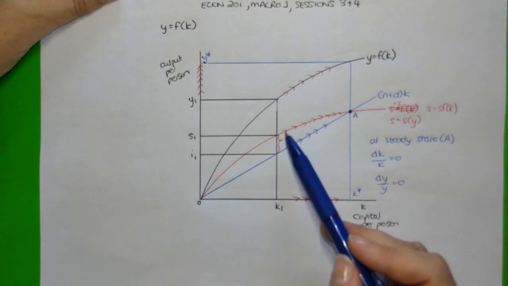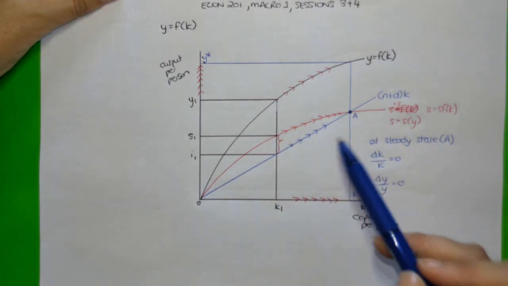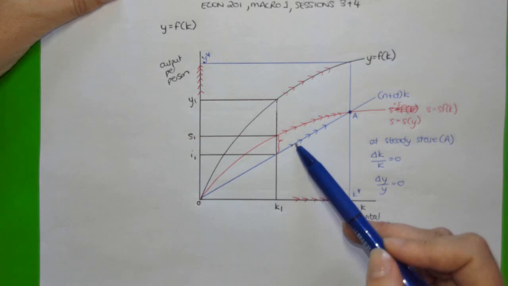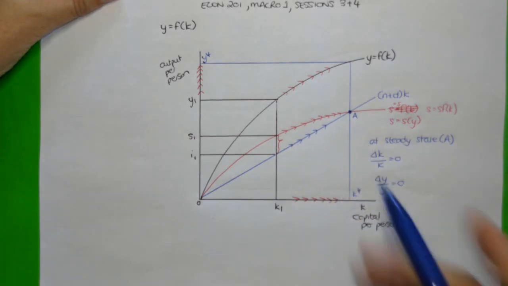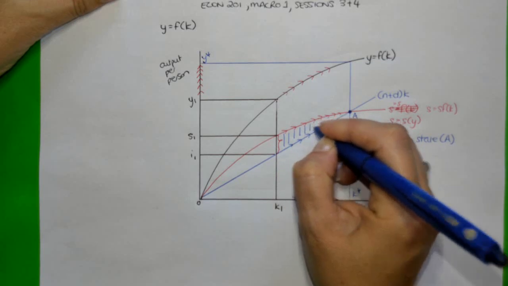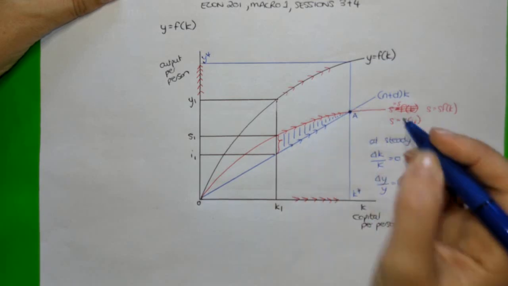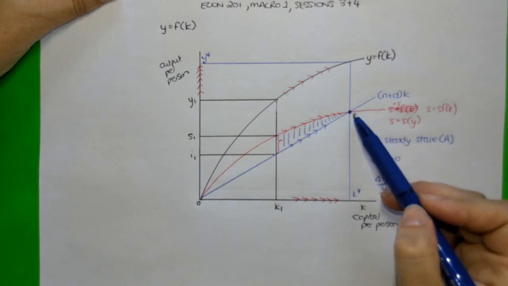So because savings per person increases but at a decreasing rate, while investment required increases at a constant rate, this gap between savings and investment gets smaller and smaller and smaller until eventually there is no excess of savings over investment.